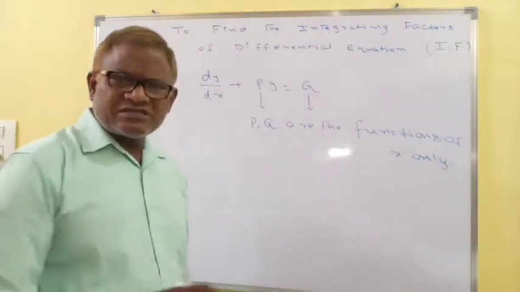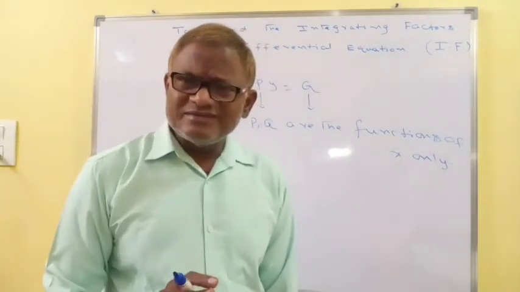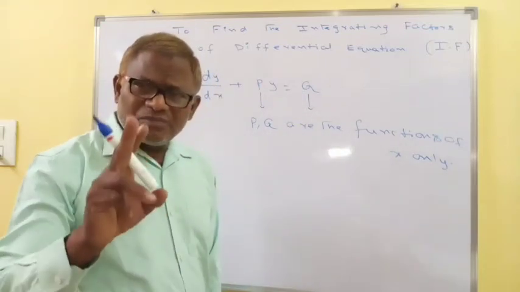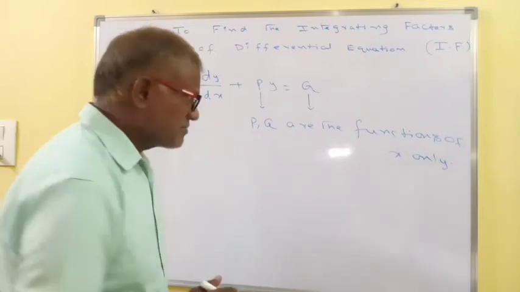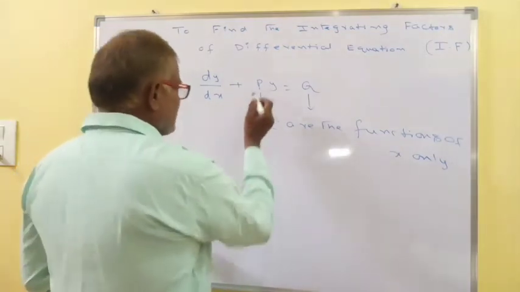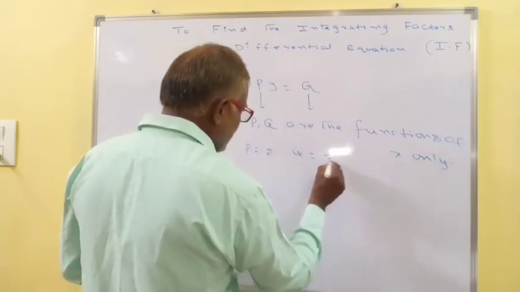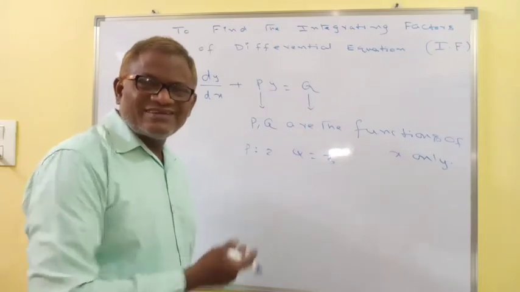If we express it as dy by dx plus py is equal to q, here p and q are functions of x. And one more thing, suppose p is equal to 2, q is equal to 3. These are also nothing but functions of x, a constant function.